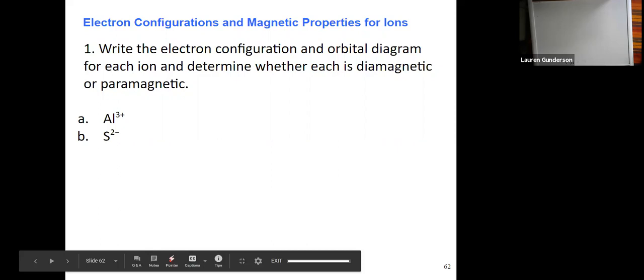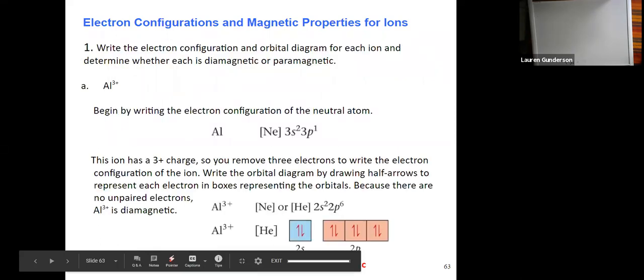So first of all, we have the aluminum. We can write our shorthand for aluminum, and that is 3s2, 3p1. Now I'm going to remove the 3 valence electrons from aluminum.